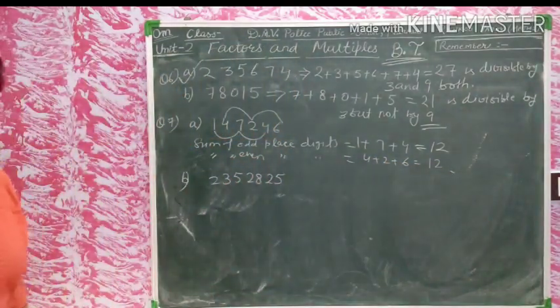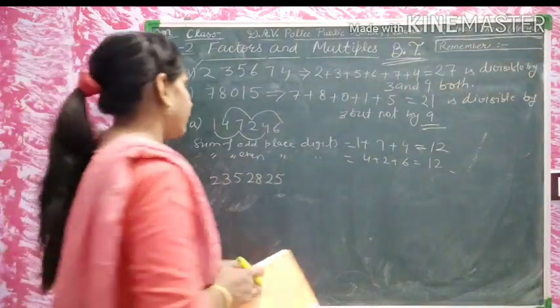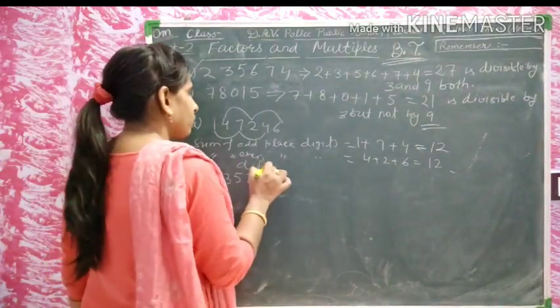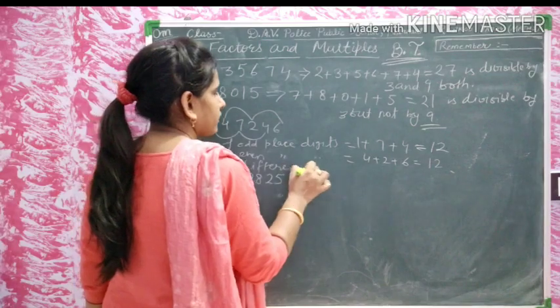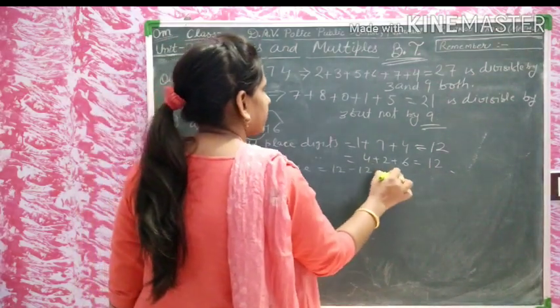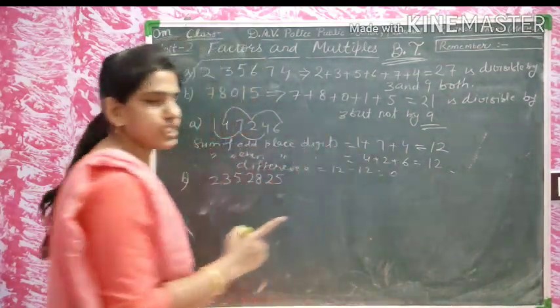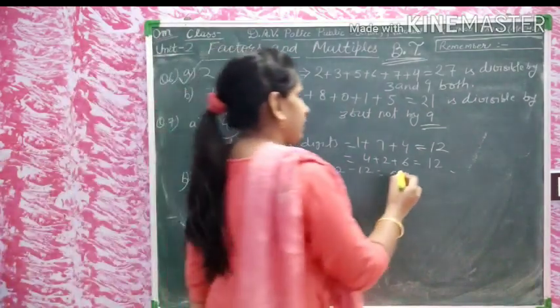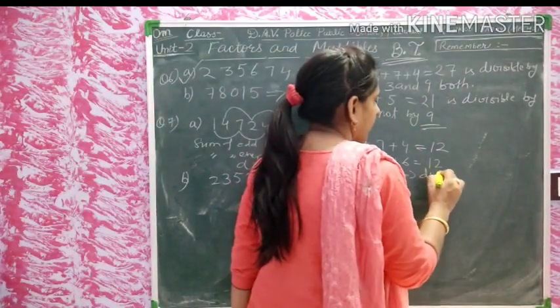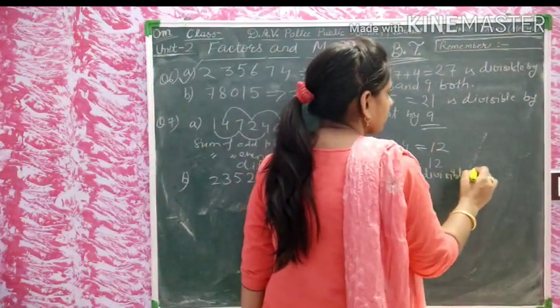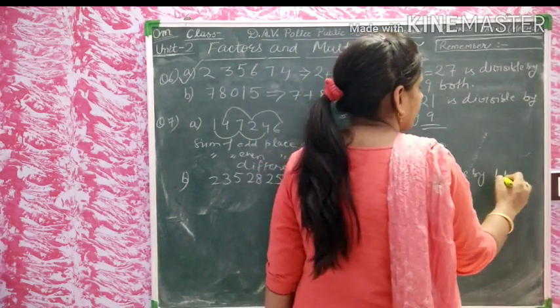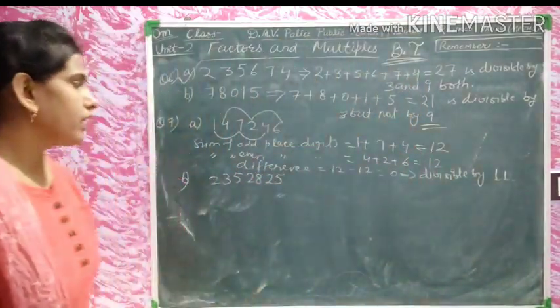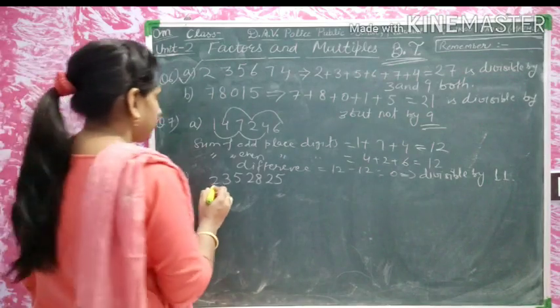Both are equal here, so the difference is 12 minus 12, which equals 0. And if it is 0, it implies it is divisible by 11. Is it clear students?